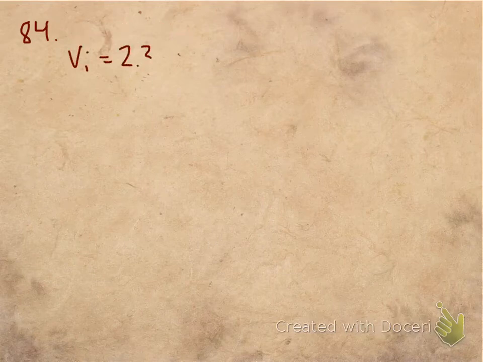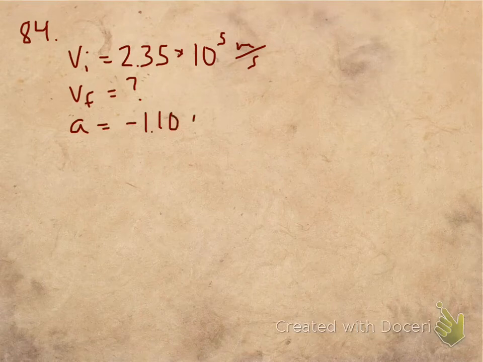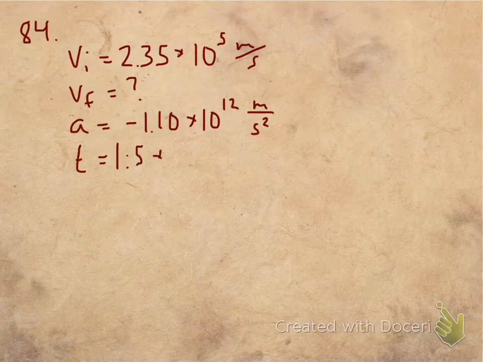For number 84, we have an initial velocity. Don't get freaked out by the scientific notation there. It can certainly be scary, but have faith in your calculators. We're given an acceleration, and we are given a time. That's 1.5 there.